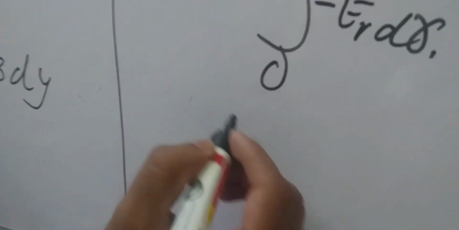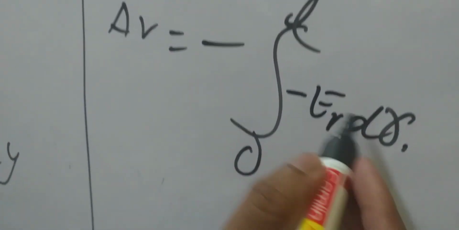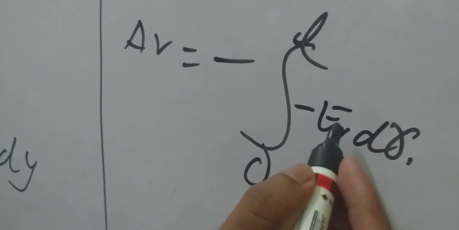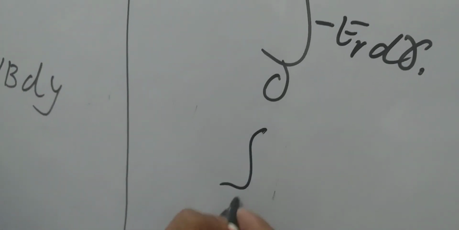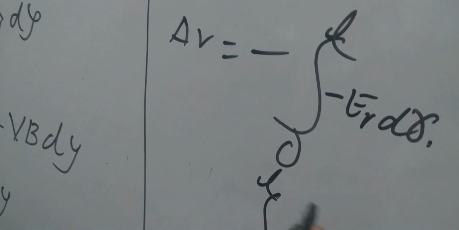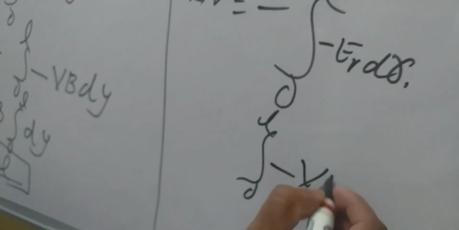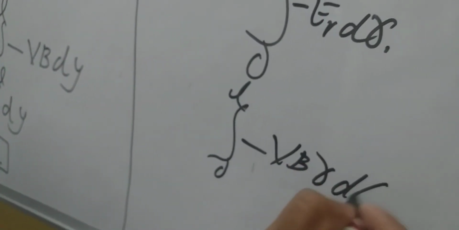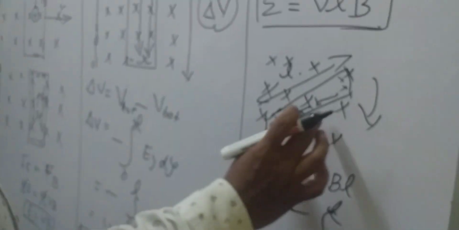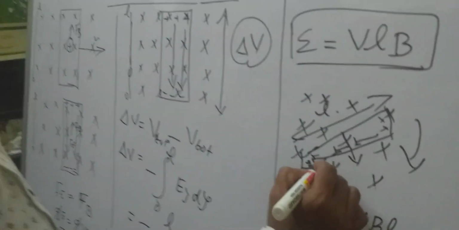So the integration from 0 to L, where V is the velocity at distance r.